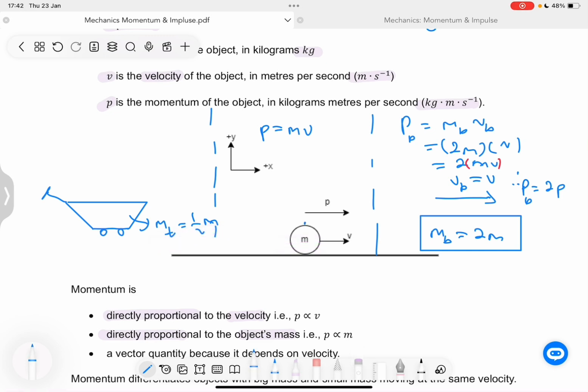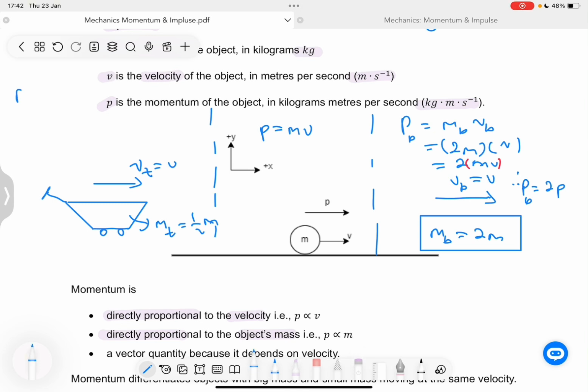Meaning that if we were to reduce the mass of this ball so that it is smaller by half, it's a smaller ball, right? What will happen to its momentum? Because we know that this mass cannot change, we can apply that in comparison to another object that has half of that mass. And in this case, I'm going to assume that the velocity is still the same as that of the ball.